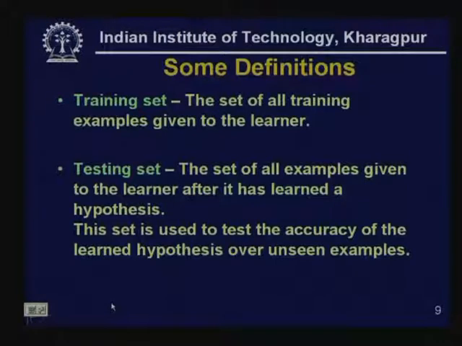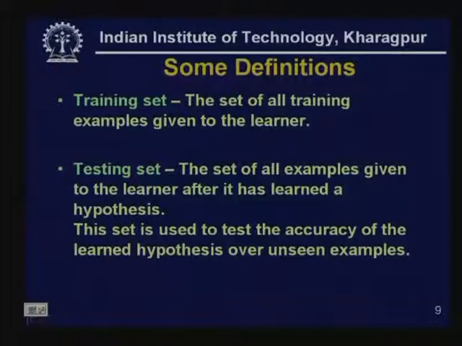Now, some more definitions, let us review. A training set is the set of all training examples that are given to the learner, and on the basis of the training set, the learner forms the hypothesis. After this hypothesis is formed, it has to be evaluated. If you evaluate the hypothesis using the same examples on which you have trained, you are likely not to get a good reflection, because your hypothesis may try to fit the training data perfectly well, but may not work well for other data that you have not seen.